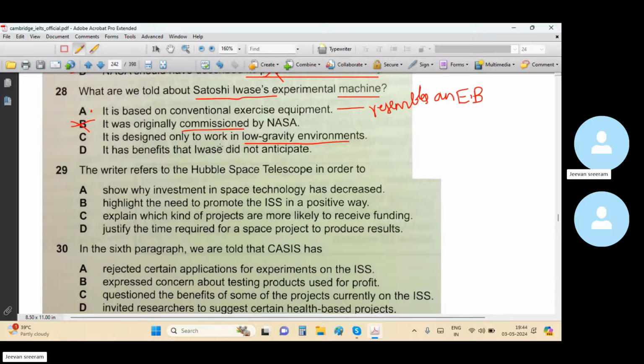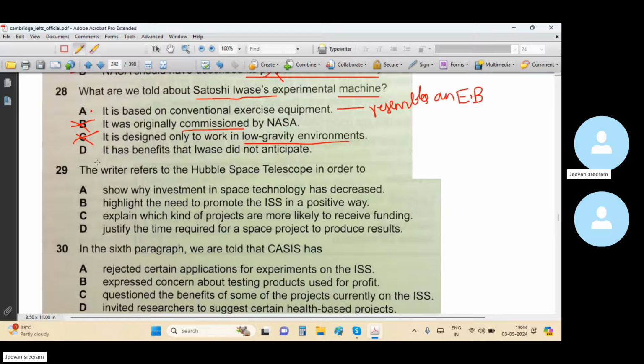In the second paragraph, you can't see information that it can only work in low gravity environments. It describes the machine's function and purpose, but doesn't limit its operation strictly to such environments. So it's not at all our answer.